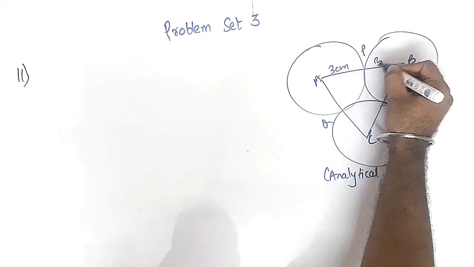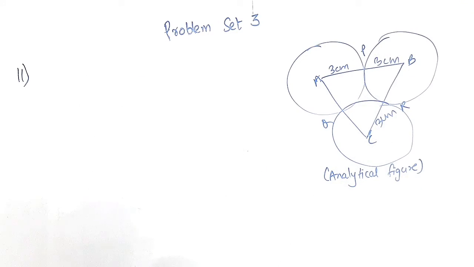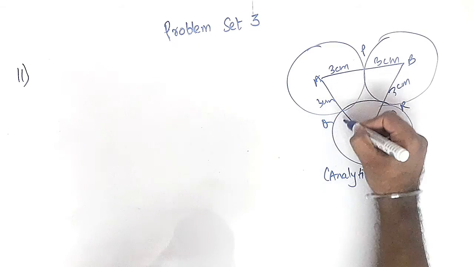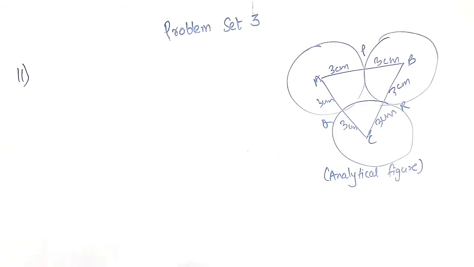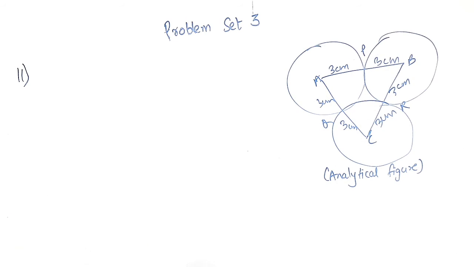So the radius of each one is 3 centimeter. And each circle touches the other two circles. So this is the criteria that all three circles are touching circles. Now this is the condition given.